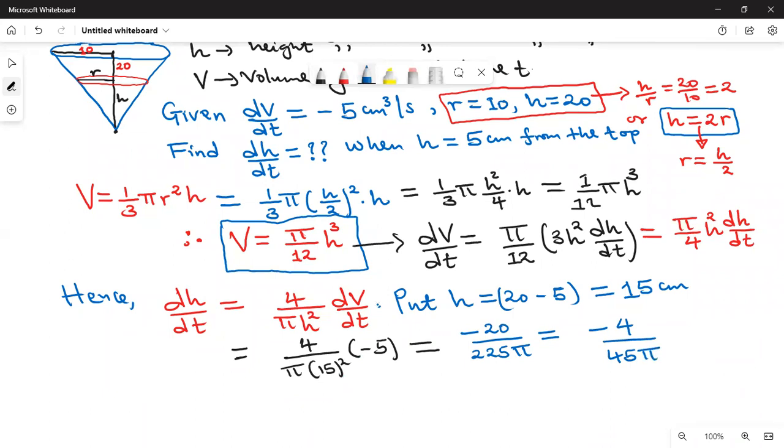And this is dh/dt. H is measured in centimeters, so this is centimeters per second. The negative means that the height is decreasing. So then, to conclude on this one, you can now say that the water level is dropping at the rate of 4 over 45 pi centimeters per second when it is 5 centimeters from the top.